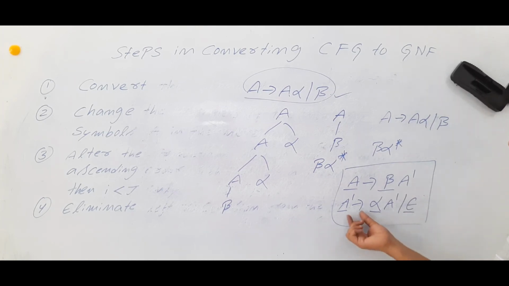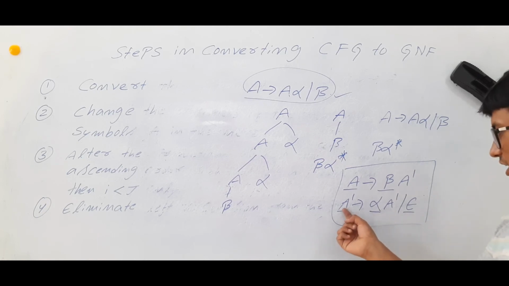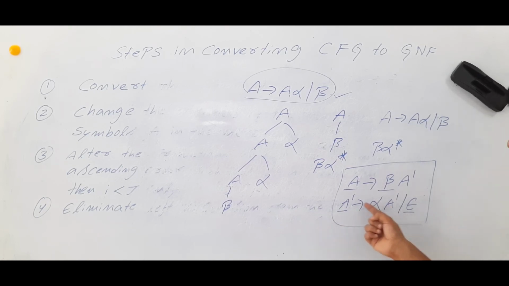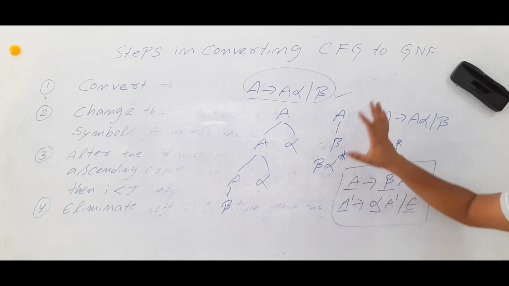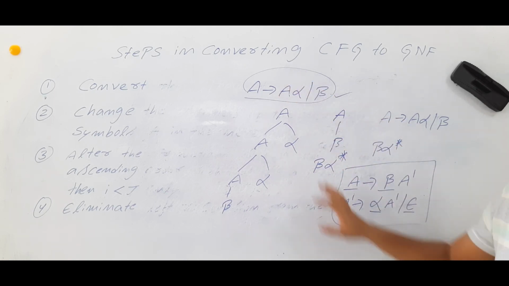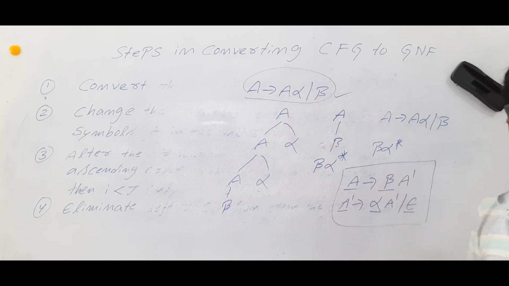Here it is a right recursion grammar. In A dash determines alpha A dash, the same thing is repeating on the right side of the RHS. So this part we call a right recursion grammar, or I can say we have converted the left recursion grammar to right recursion grammar.